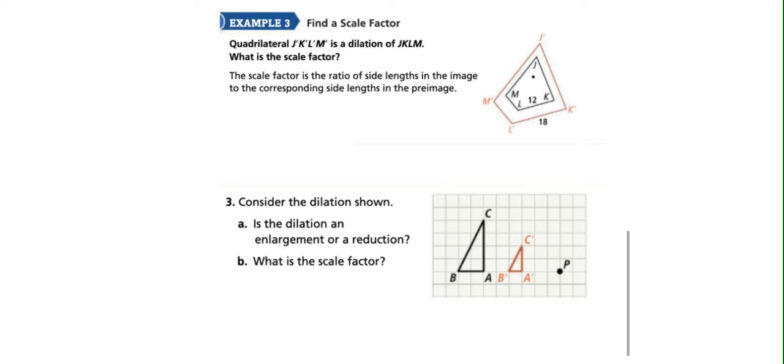So I'll pick K prime L prime and set up a ratio with K L. That's because I'm given these lengths right here, so I can set up a proportion. K prime L prime is 18 and K L is 12. So let's reduce this. We get a ratio of 3 over 2.